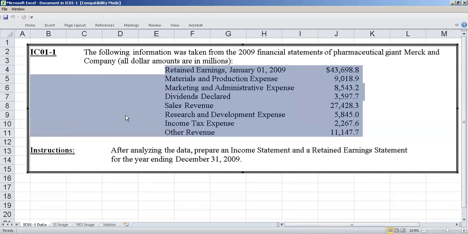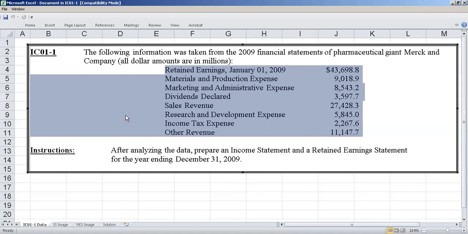And it's very important for you to understand that in any given problem, whether it's a pen and paper problem, an in-class exercise problem, or an exercise in Wiley Plus, every piece of information that's given in the data set may not be necessary.